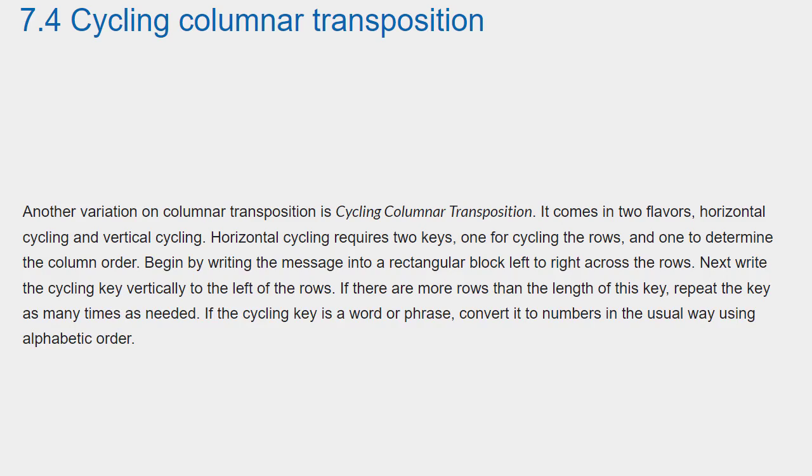Begin by writing the message into a rectangular block left to right across the rows. Next, write the cycling key vertically to the left of the rows. If there are more rows than the length of this key, repeat the key as many times as needed. If the cycling key is a word or phrase, convert it to numbers in the usual way, using alphabetic order.